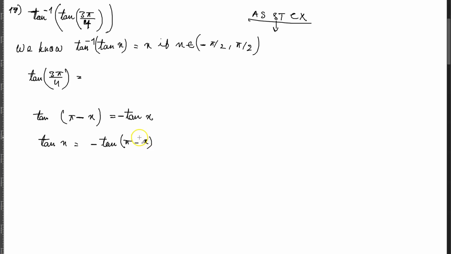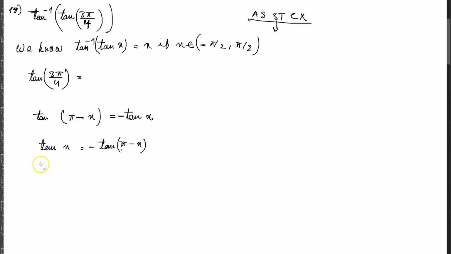Let's see if we can actually use it. I suppose I did this once and I got into some sort of problem. But basically, for tan of 3 pi by 4, I'm going to write this using tan x is equal to negative tan of pi minus x.